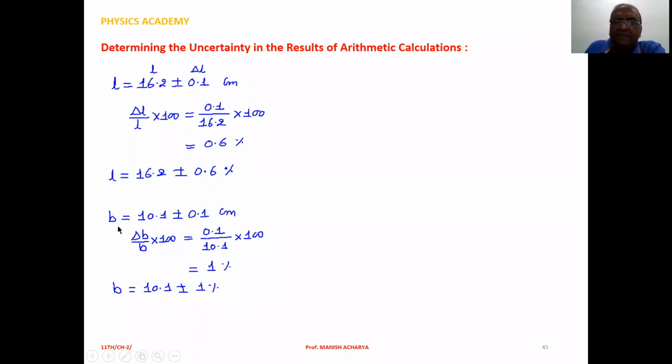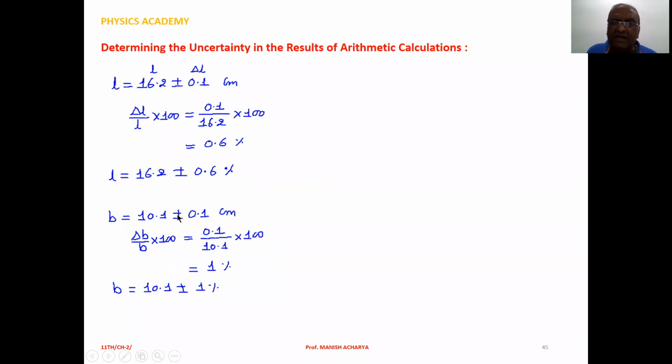Now breadth B, that is 10.1 plus or minus 0.1 centimeter. For that, if you calculate the relative error, the percentage error, 0.1 upon 10.1 into 100, your answer comes to 1%.